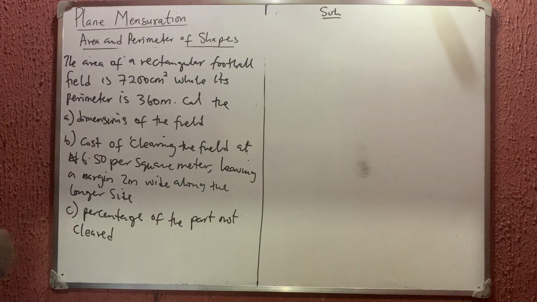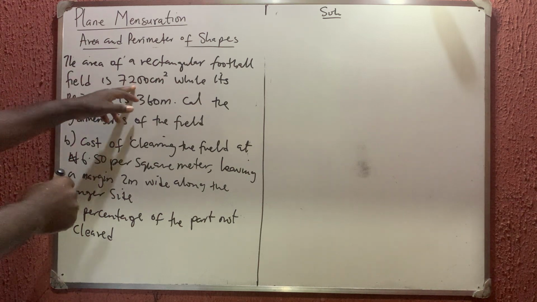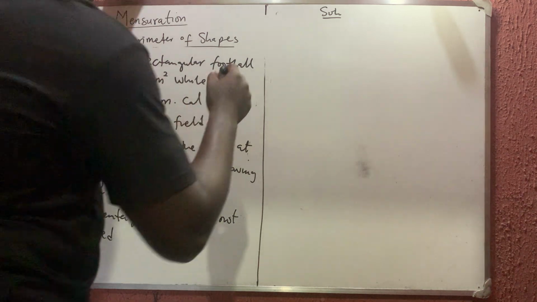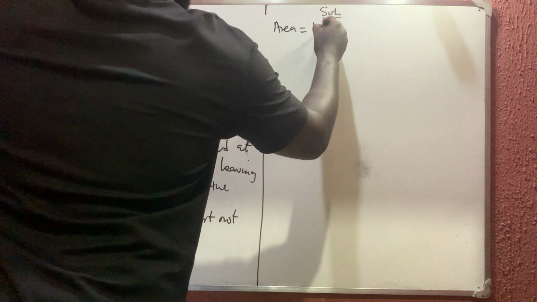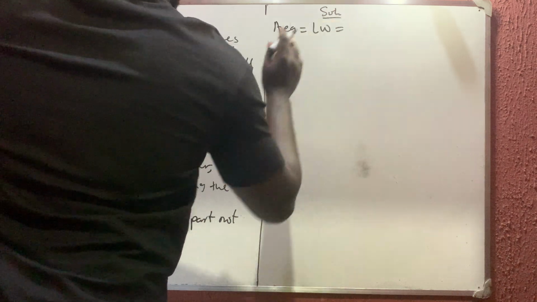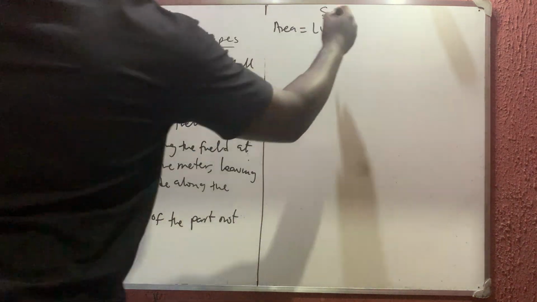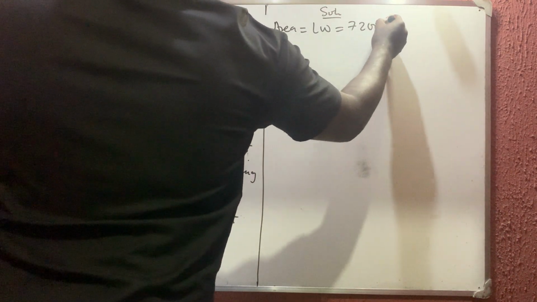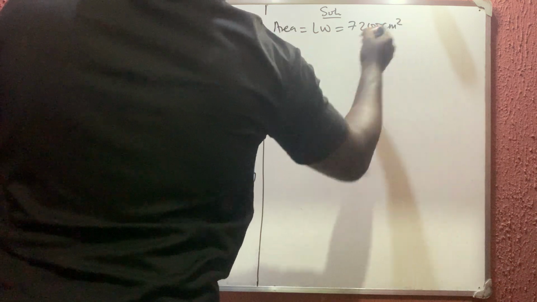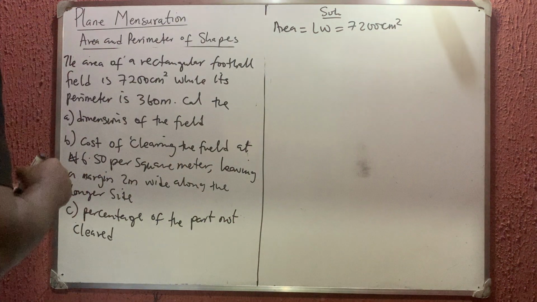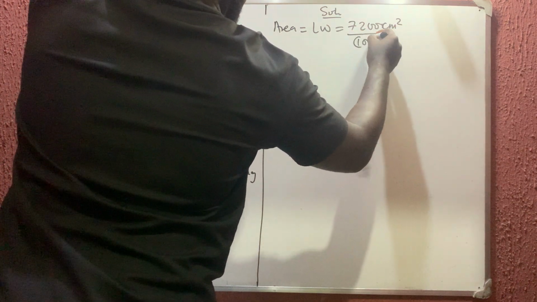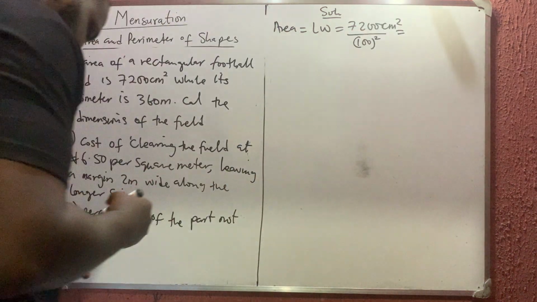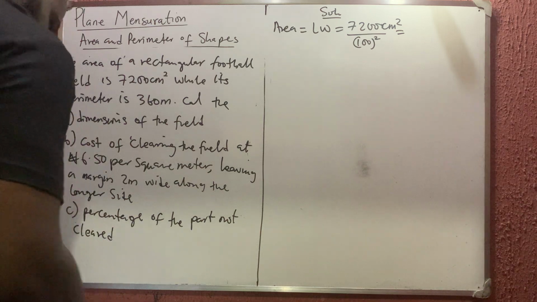All right, so first of all, what do we do? Let us first of all convert this. Let's say that the length, you know that the area is simply L times W. The area they gave us is 72,000 cm squared, so you have to convert it to meter squared by dividing by 100 squared.